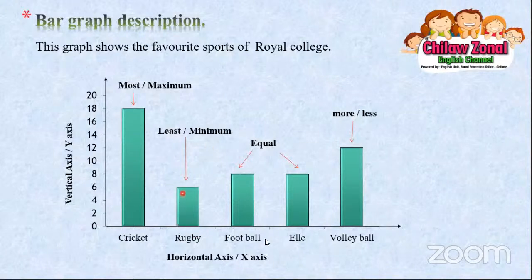And here in this graph, we can see these two sports, football and LA, right? An equal number of students like both. Equal number. And this one, volleyball, we can see nearly 12 students like it.